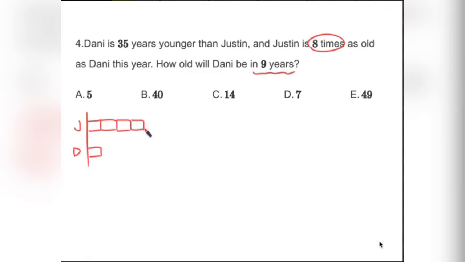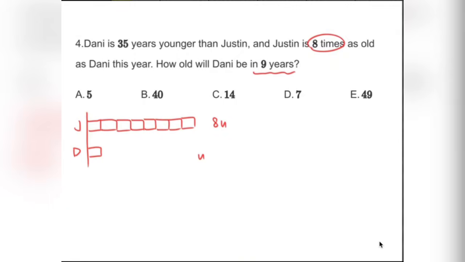1, 2, 3, 4, 5, 6, 7, 8. And also, if you want an easier way, maybe you just label the first one 8 units, the second one 1 unit. Then you don't need to draw out so many rectangles, right? And then, what is the meaning of 35? Is it for Danny's age this year?